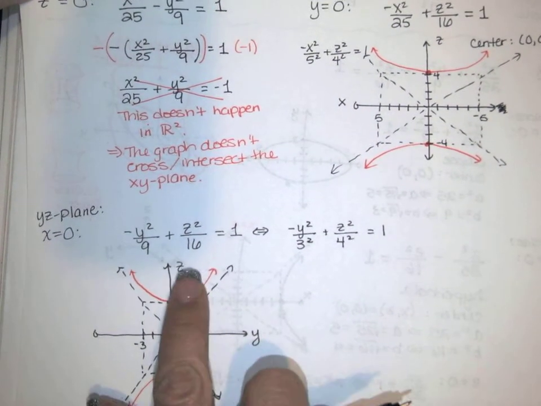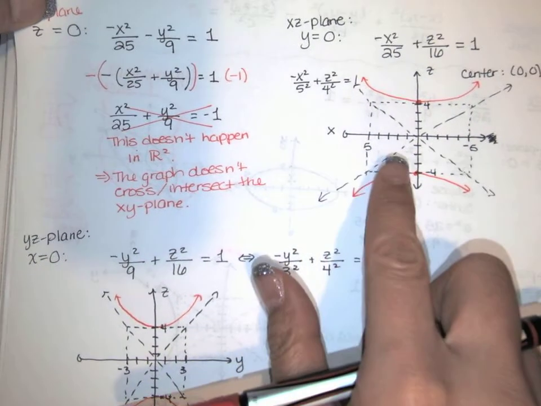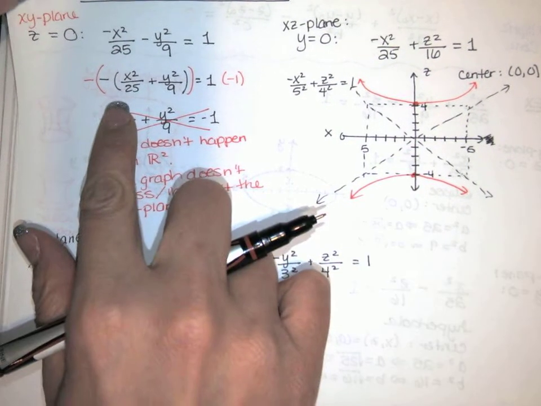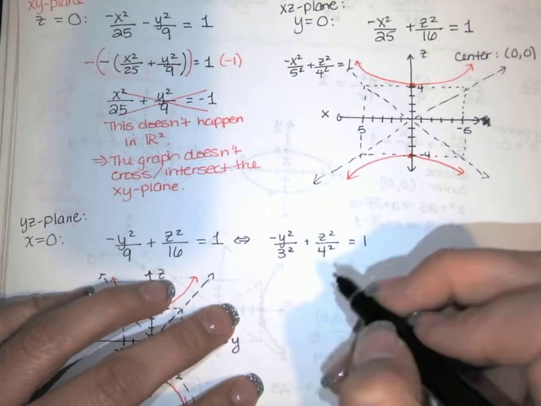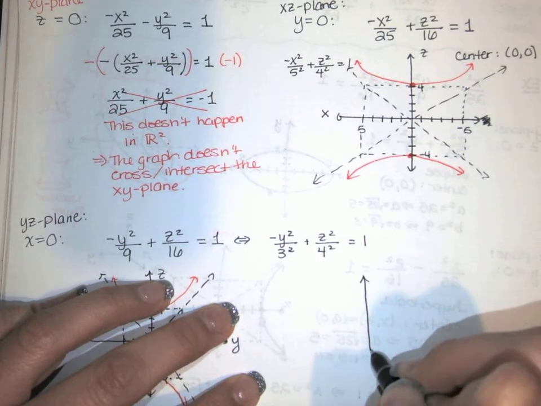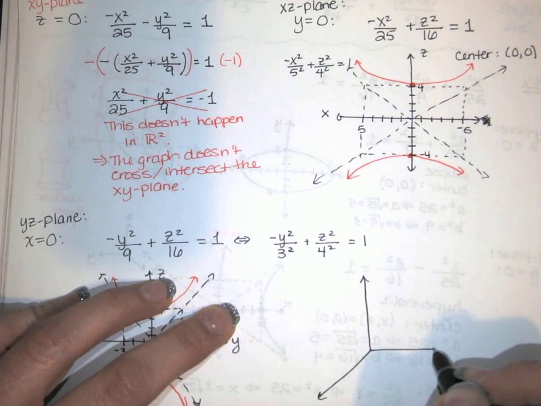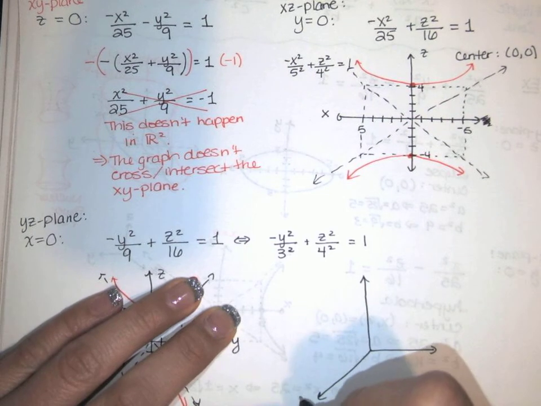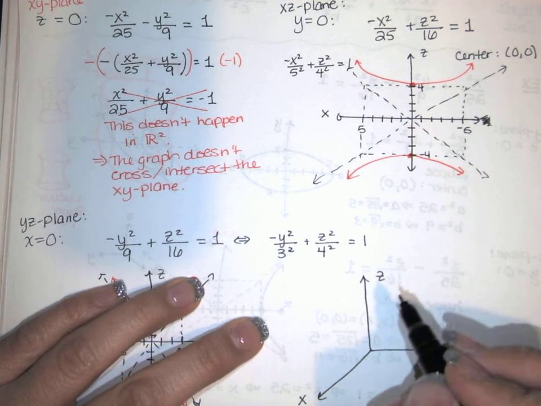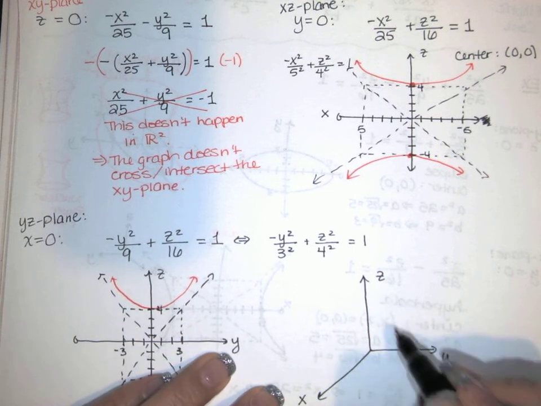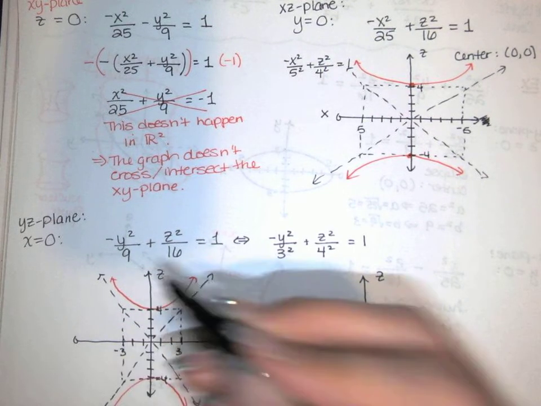So this is what it looks like in the yz plane, and this is what it looks like in the xz plane, and it never crosses the xy plane. So if we put all these pieces together, you see why it's called a hyperboloid of 2 sheets. In the yz plane, it looks like this.